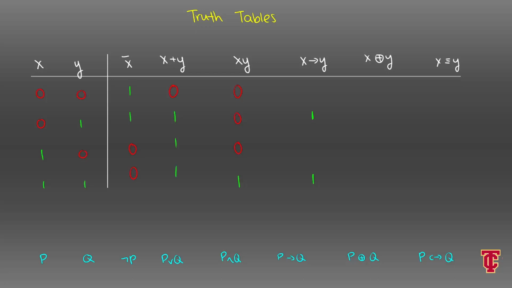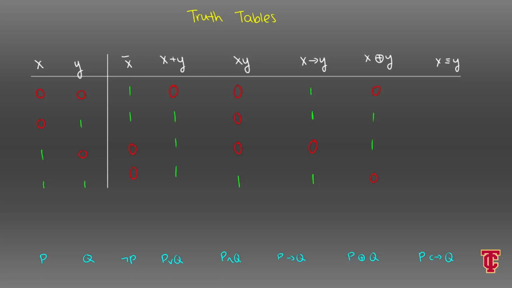It is false whenever X is true and Y is false. This is the same thing as P arrow Q. Next is the exclusive OR, which is only true when the values of X and Y are different. So it's true in the two middle rows and false in the outer rows.